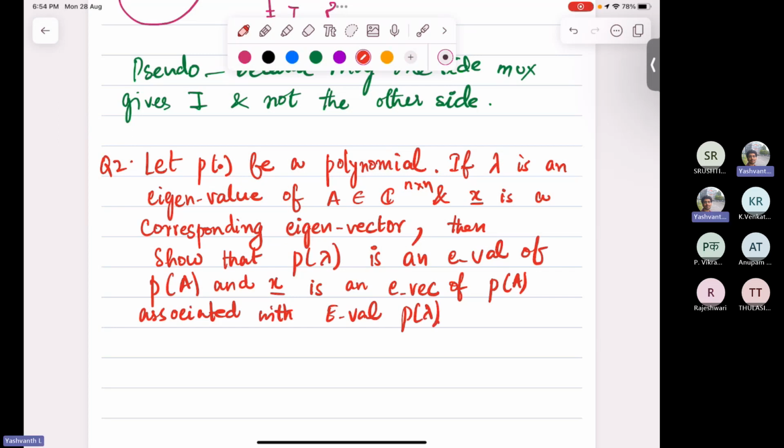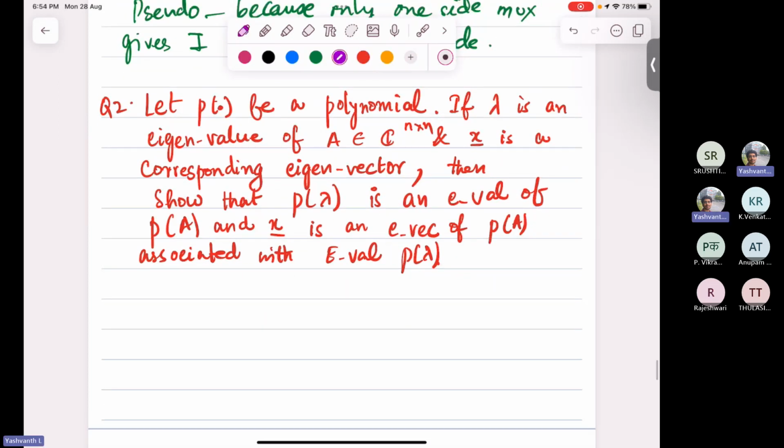Let me first explain the question I'm trying to ask. Let's say there is a matrix A and its eigenpair is lambda comma x, that is, Ax equals lambda x. So lambda is an eigenvalue of the matrix A and x is the eigenvector of A corresponding to the eigenvalue lambda.